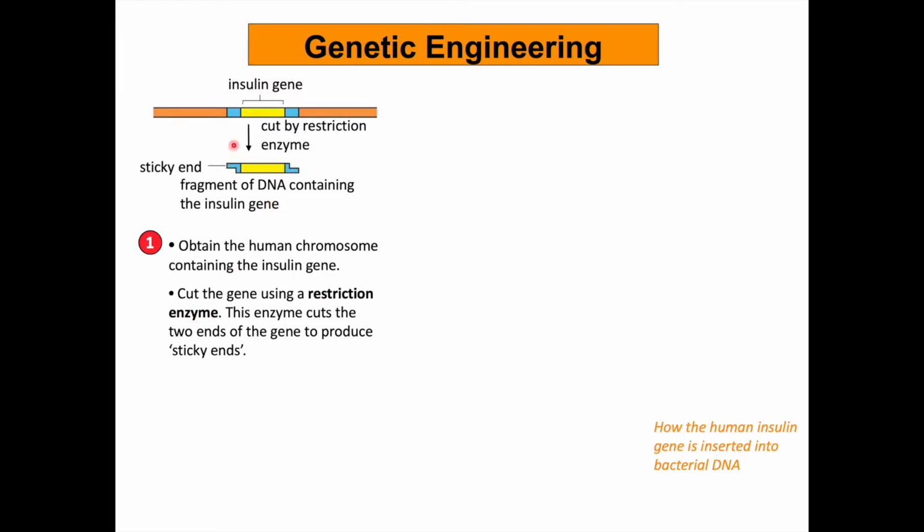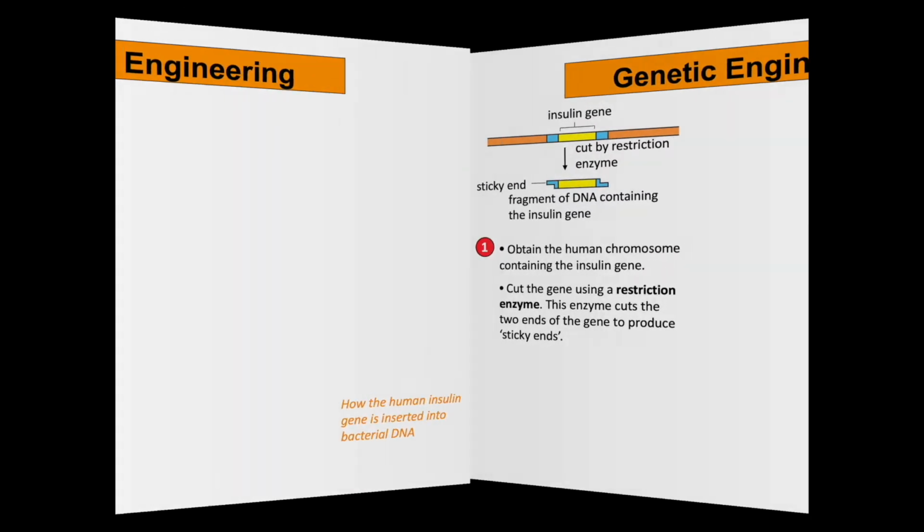And then after that, this insulin gene of the human will be cut using restriction enzymes. You will notice in here that it forms sticky ends on both sides, and that is being cut by a restriction enzyme. So what will happen afterwards?